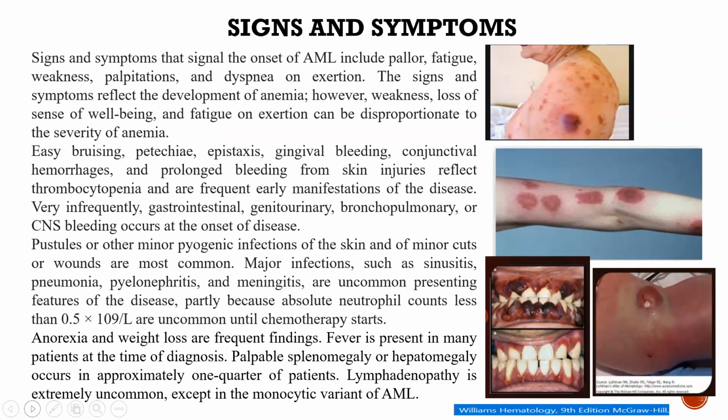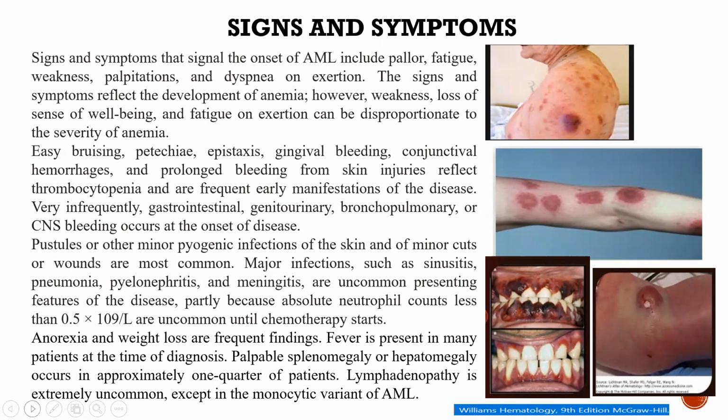Easy bruising, petechiae, purpura, gingival bleeding, conjunctival hemorrhages, and prolonged bleeding from skin injuries reflect thrombocytopenia and are a frequent early manifestation of the disease. Gastrointestinal, genitourinary, bronchopulmonary, or central nervous system bleeding occasionally occurs at the onset of disease.